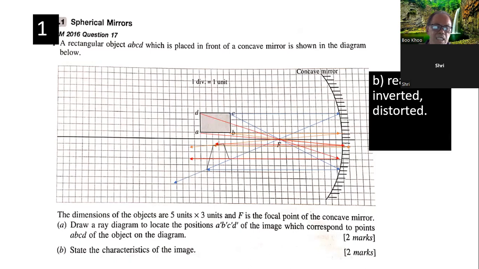State the characteristics of the image. Image is real, inverted, I would say distorted also, because it's not completely enlarged. It's not easy to draw.